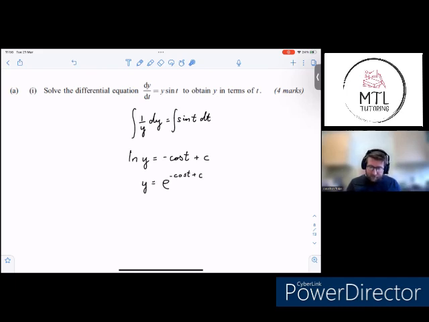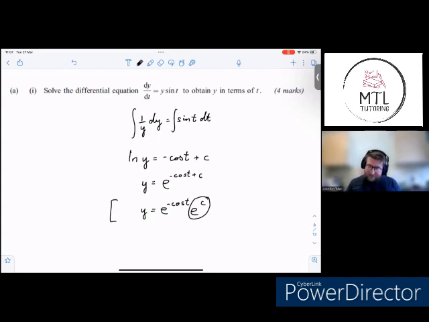If you've not seen that before, let me show you why. You don't really need to write this out generally, but this is why. So we're adding powers, aren't we? So e to the c times e to the minus cos t. When we crunch those two together, we add the powers. Now e to the c, well, c is an arbitrary constant, so e to the power of c is also an arbitrary constant.